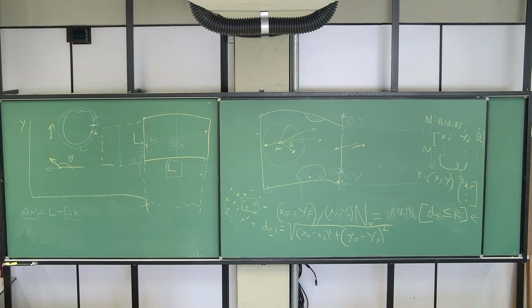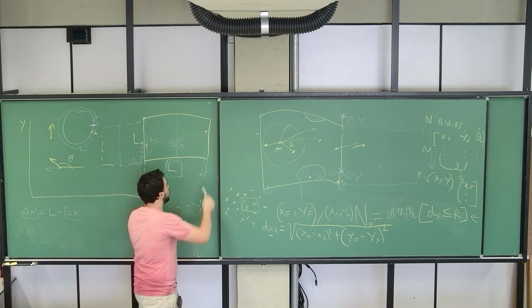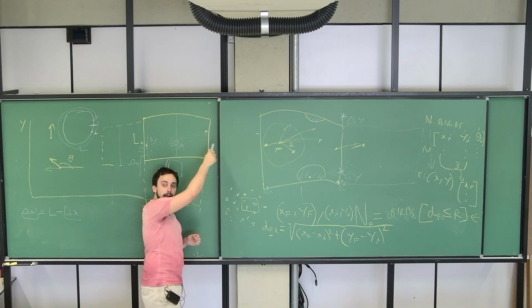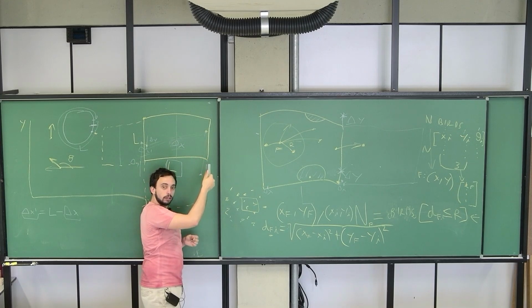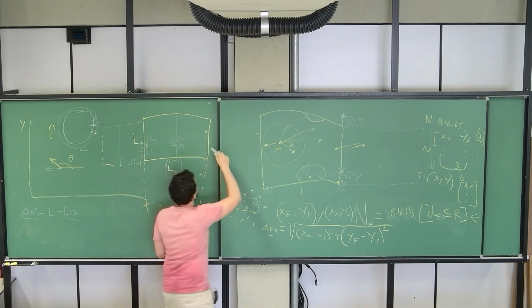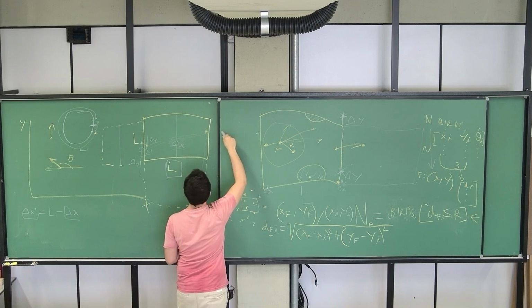Now, the problem with that is that sometimes your focal bird is on the right side. Sometimes this is going to be your focal bird, and therefore you're going to have the mirror image of this other bird here.